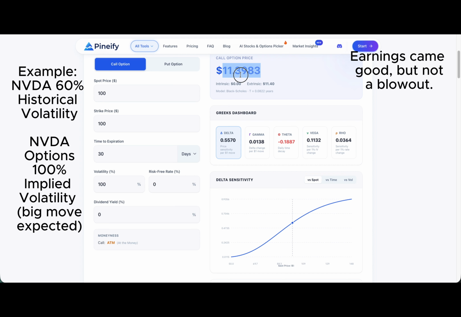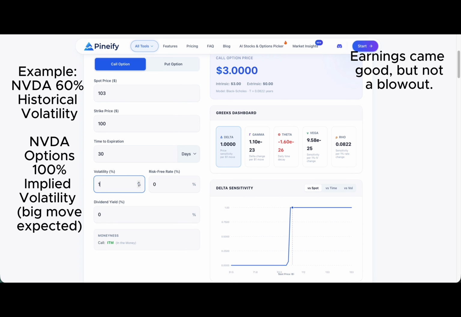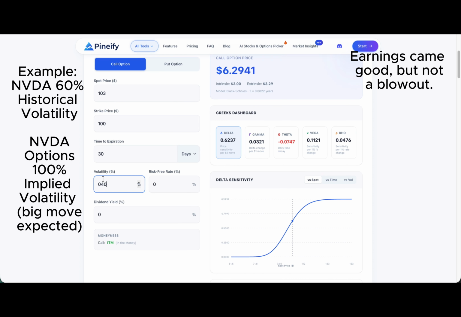Keep in mind this value. The stock rose by, let's just say, 3%, all right?